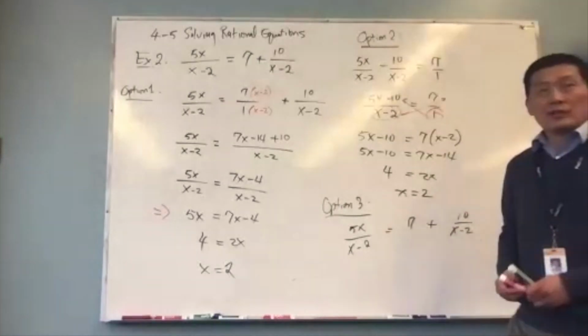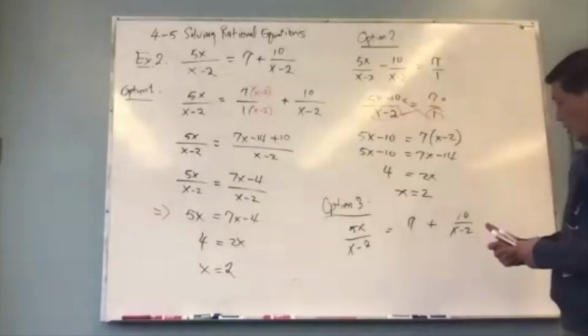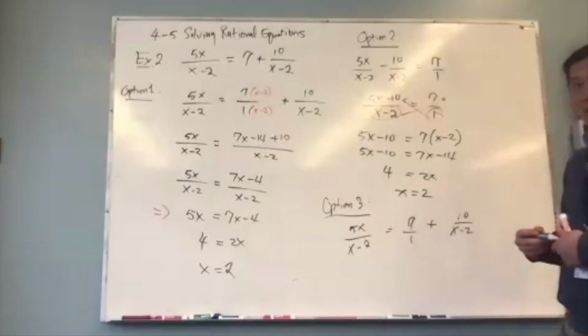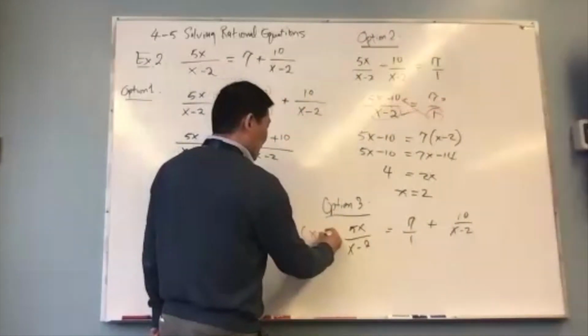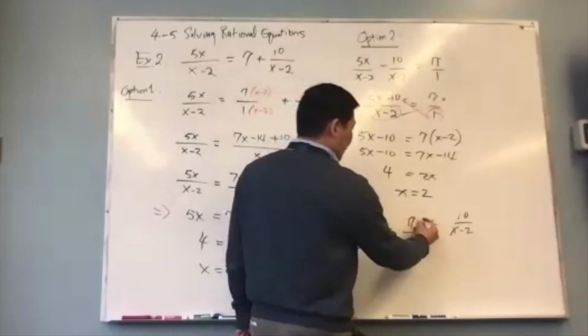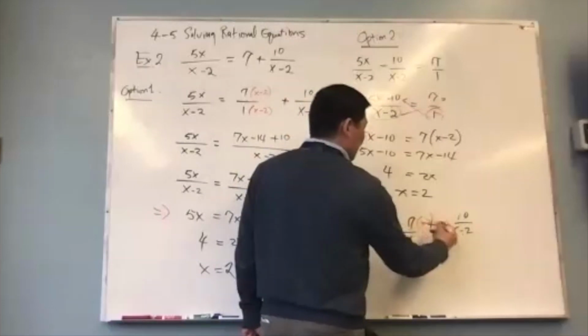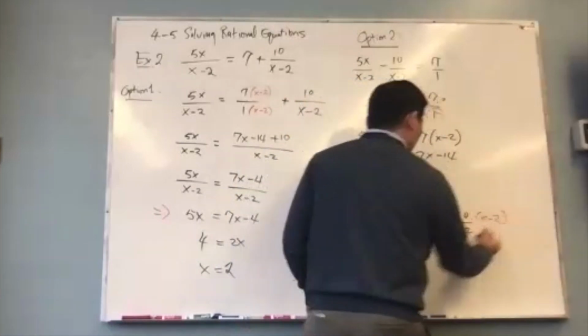Option number 3 is this: you have 3 things here, and think of this as over 1. You can multiply this by x minus 2, this by x minus 2, this by x minus 2.